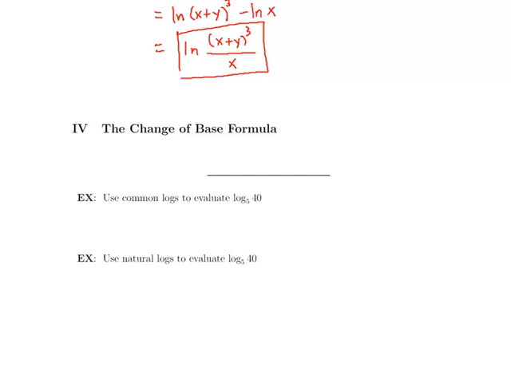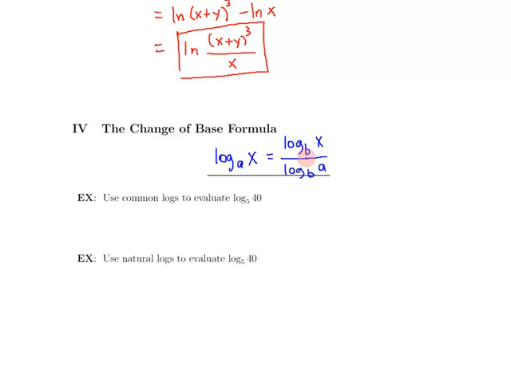Here is what the formula for the change of base tells us. It tells us that the log base a of any number is equal to any other log we want, say base b, of the number x divided by log base b of the number a.